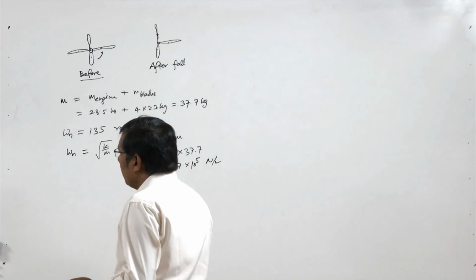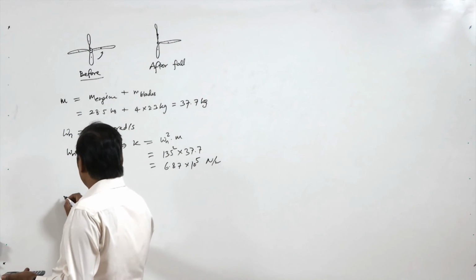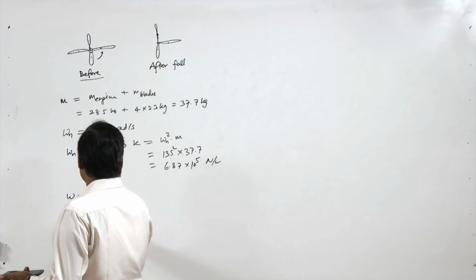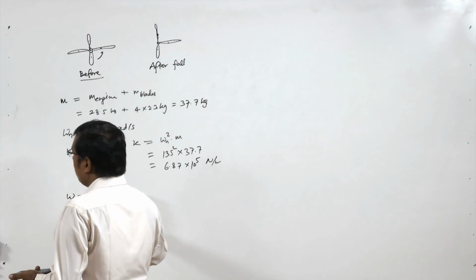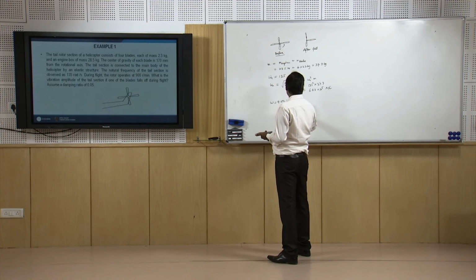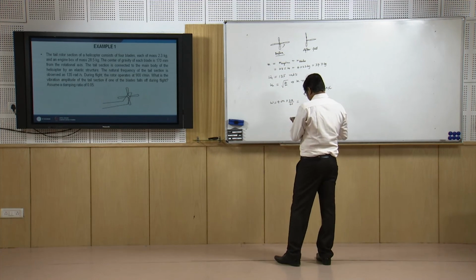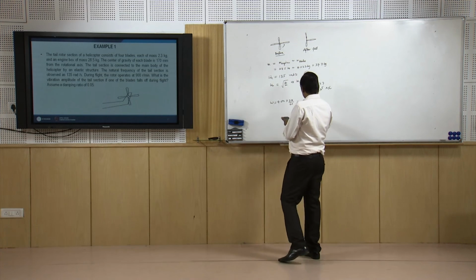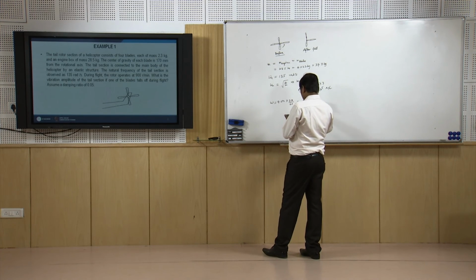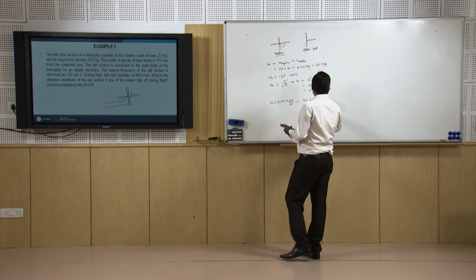Now omega is 900 rpm, so 900 into 2 pi by 60, which is 94.25 radian per second.